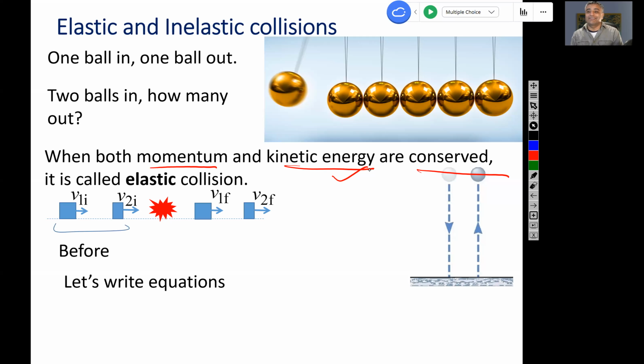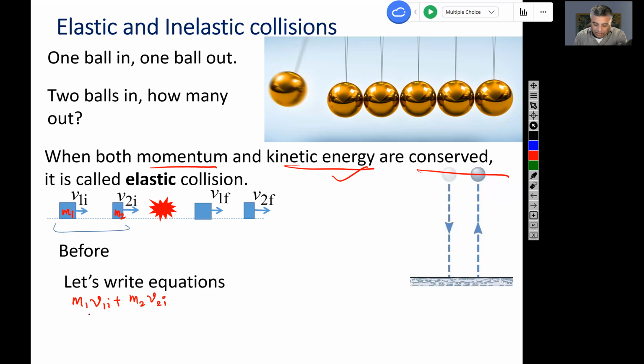So we need to write total kinetic energy before collision and total kinetic energy after collision, right? So for example here, let's say this is mass 1 and this is mass 2, okay? So I can write m1 v1i, so that's the momentum before collision of mass m1, and I need the momentum of mass 2 as well before collision, okay?